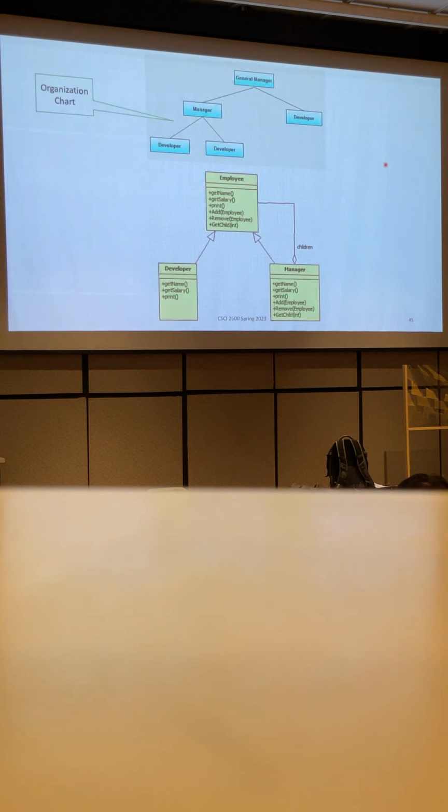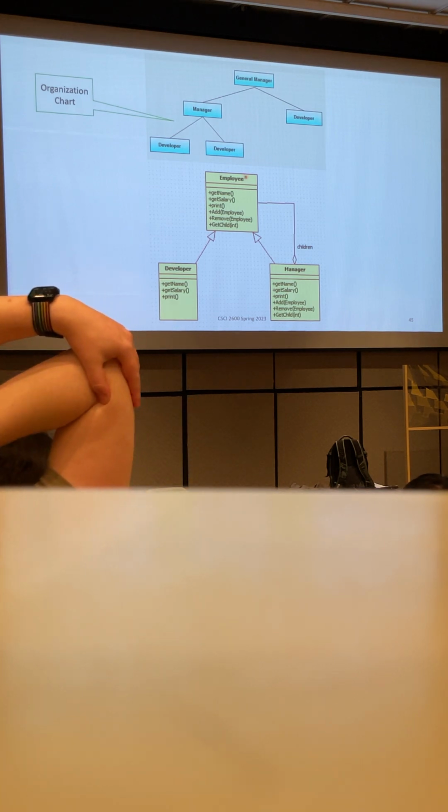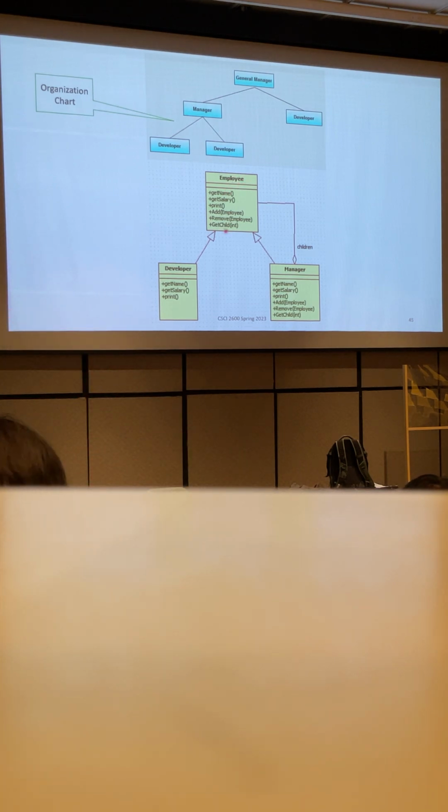Expression consists of sub-expressions, and each sub-expression is an expression, so it consists of other sub-expressions. All right, so let's look at some examples. Here is a composite that demonstrates the organizational structure of some organizations. So we see that an employee can be a developer or a manager.